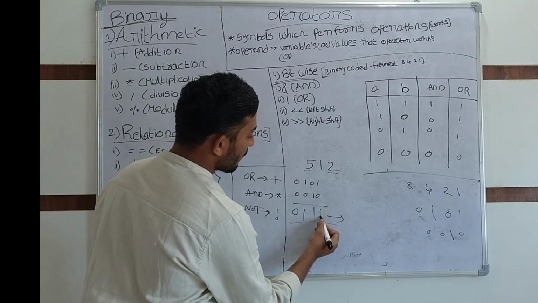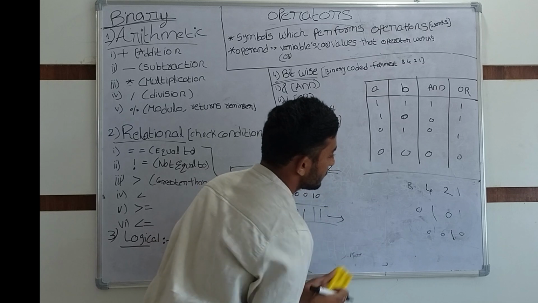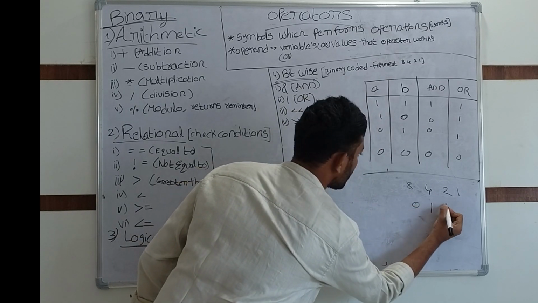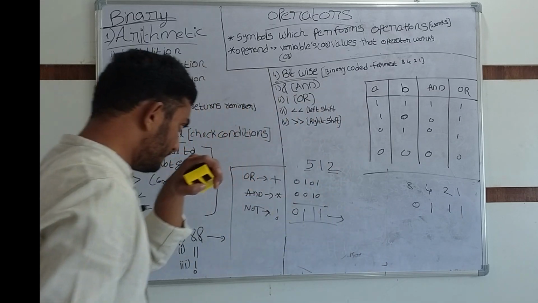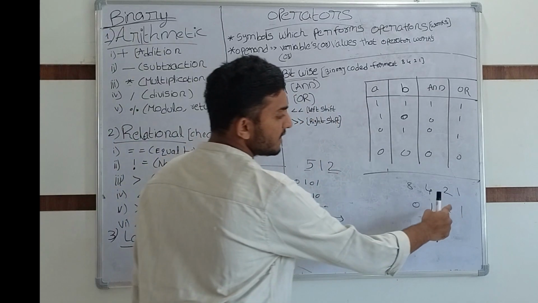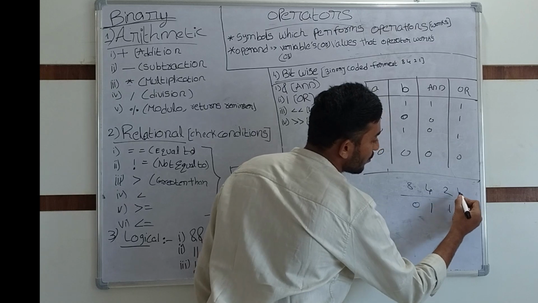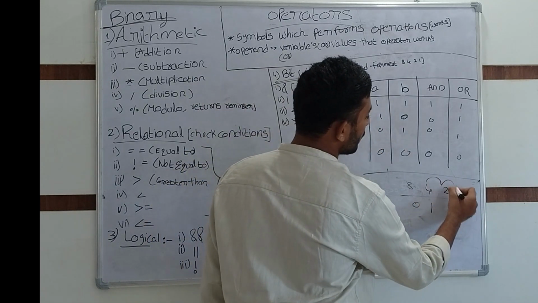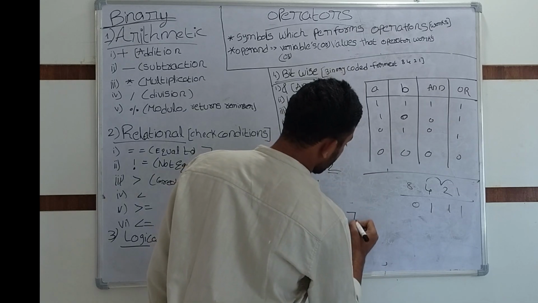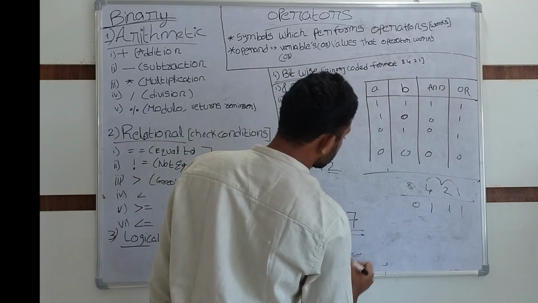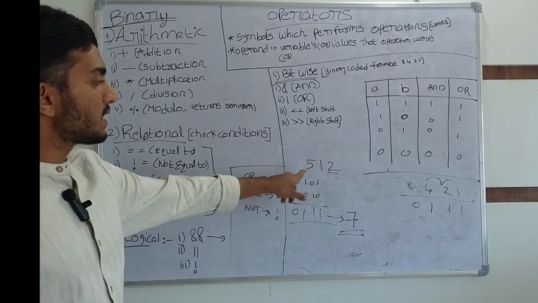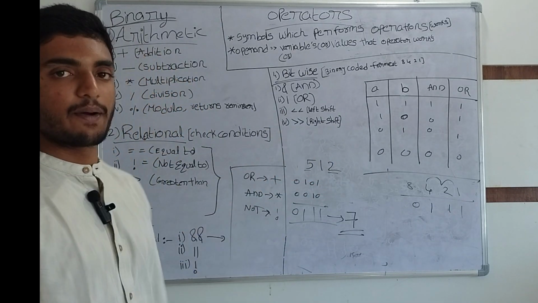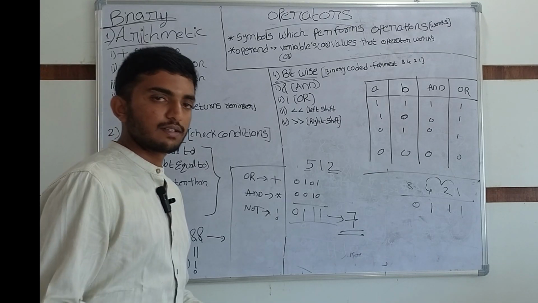Here I am using 1, 2 and 4. The sum of 4, 2, 1 is 7. The result is 7. By using the OR operator for 5 and 2, we are getting 7. Do you understand it? Okay.